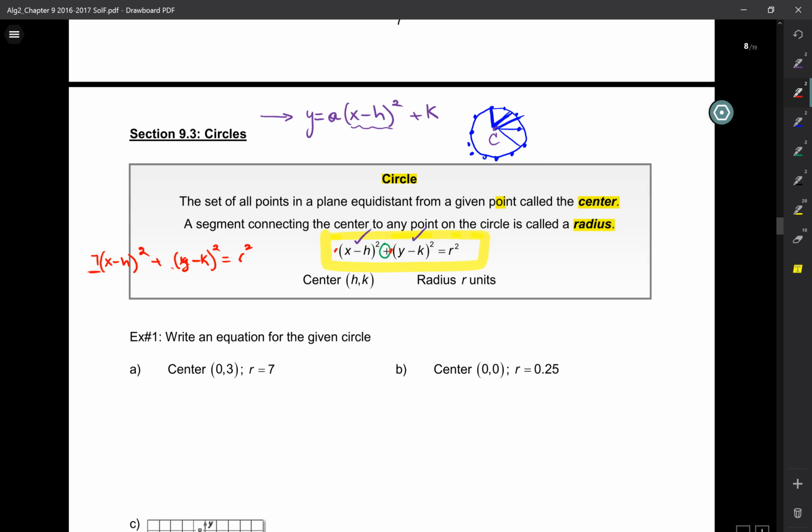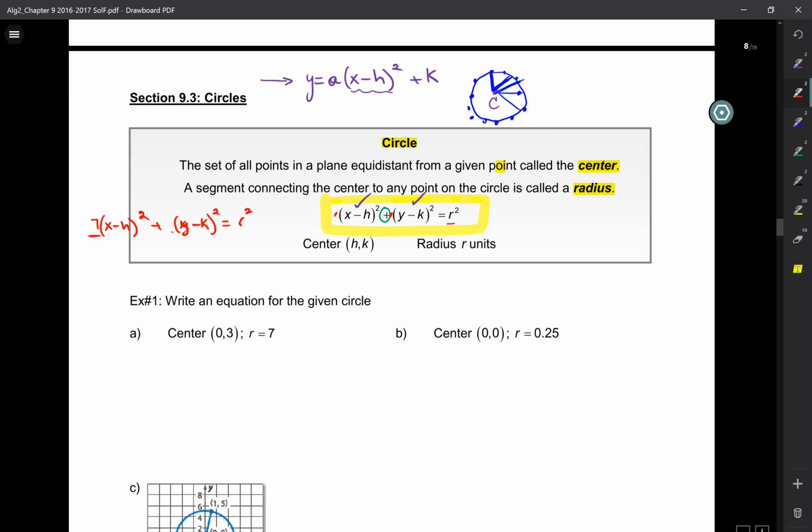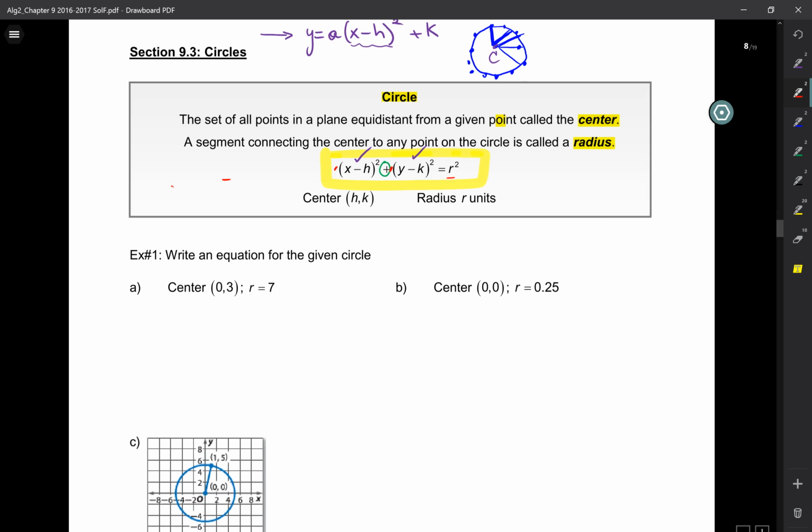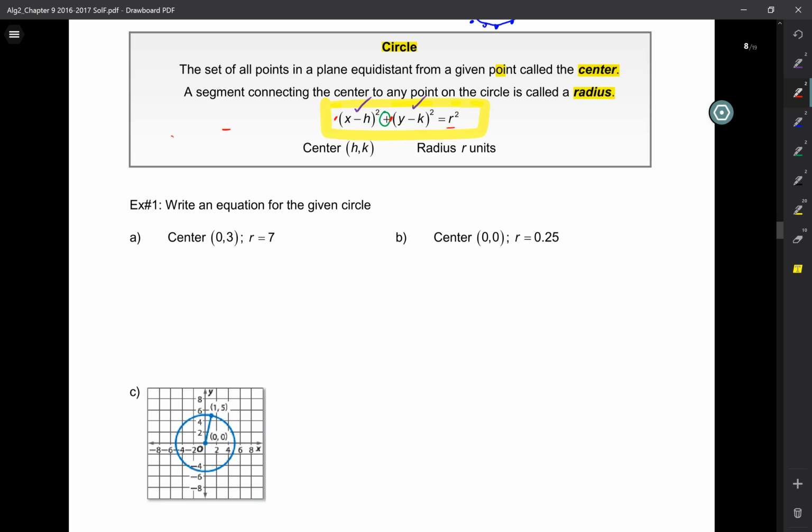Now, this number is r squared, and it's just the radius squared. So from here, we can easily extract the center, it's h and k, and the radius is just the square root of that last number. Okay, so let's come up with an equation for this circle. I have the center, which is h and k, and I have my radius.